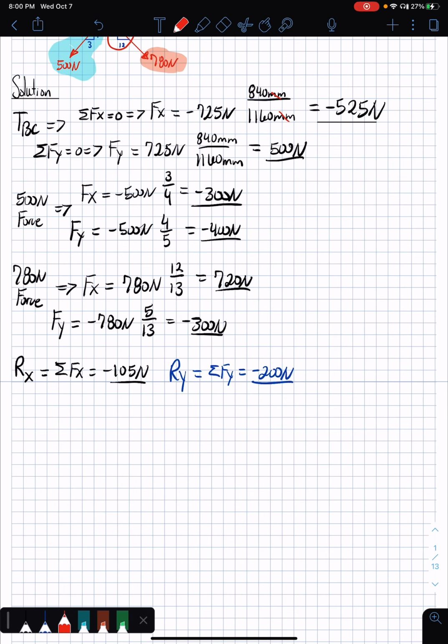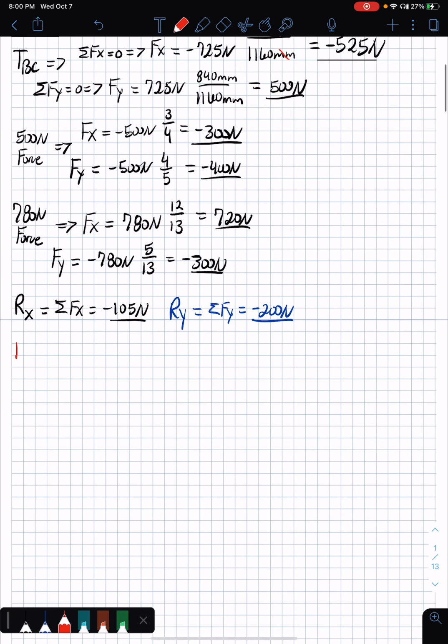To find your total resultant of the entire system, I'm going to label it as RT, which is also equal to R. It is going to be the square root of the sum of squares of rx and ry. So it would be rx squared plus ry squared.